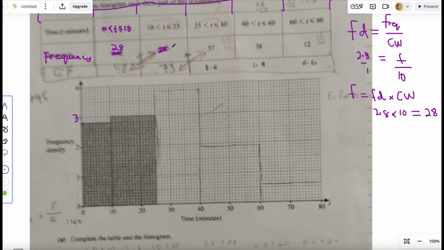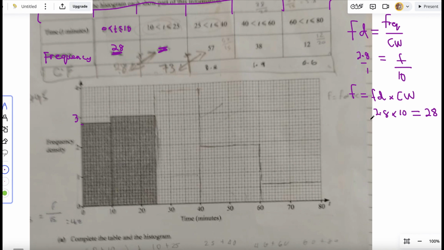Now here we don't know this value also, but the class width is from t less than or equal to 25 and greater than 10. From 11 to 20 is already 10, to 25 is 15. So the class width here is 15, and the frequency density is 3, because this bar is taken to 3.